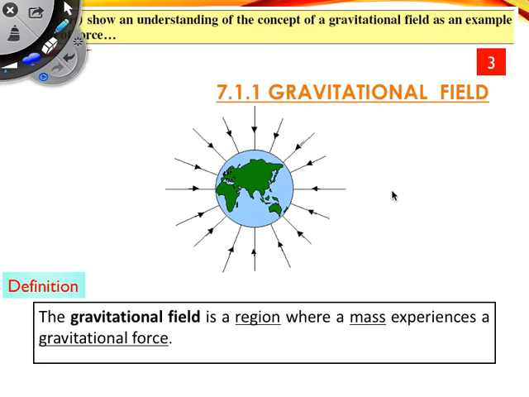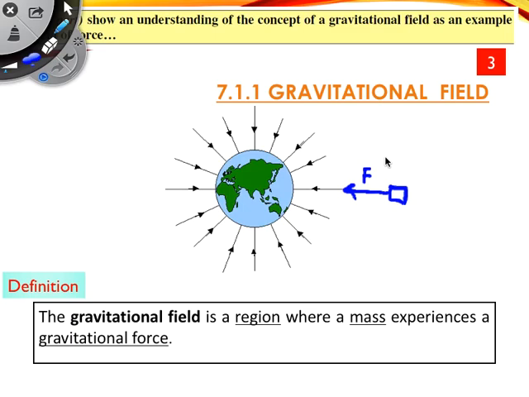If I choose to place an object here, we know for sure by this definition, this object will experience a force this way. So what causes the field? The Earth, right? The Earth is the source of the gravitational field.